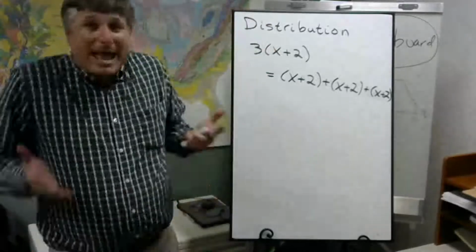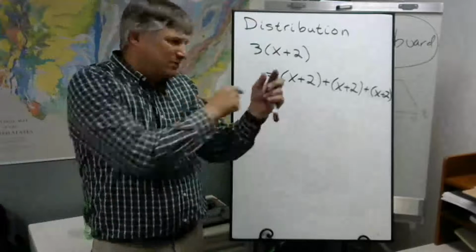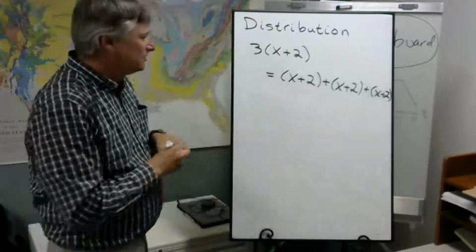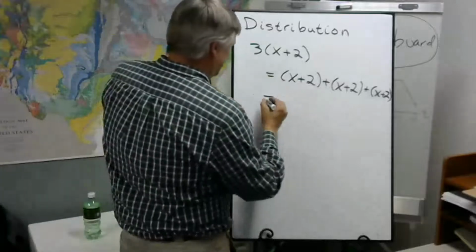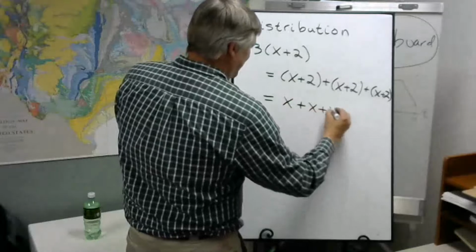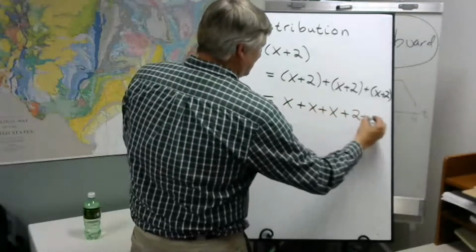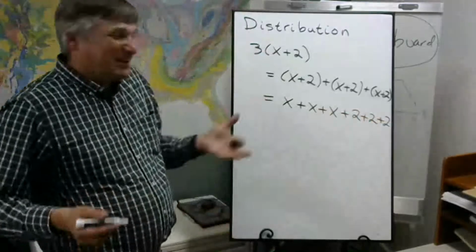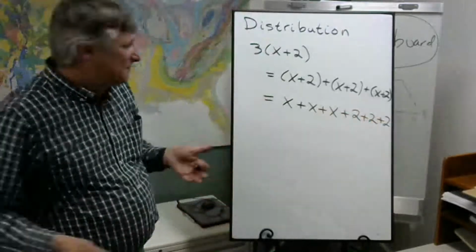So we're adding here. That means the order and the groupings don't matter. So we can just rewrite this as x plus x plus x plus 2 plus 2 plus 2. With addition, we don't have to follow the parentheses.